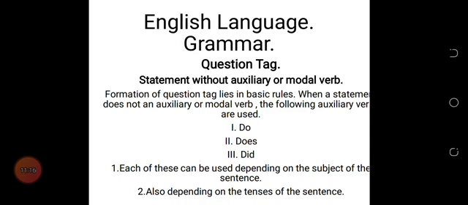And these ones will be used suitably when we know the tense of the sentence and we know the subject of the sentence, then we can easily go for these three auxiliary verbs.